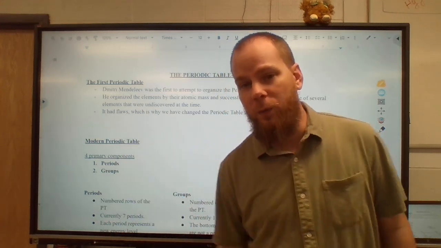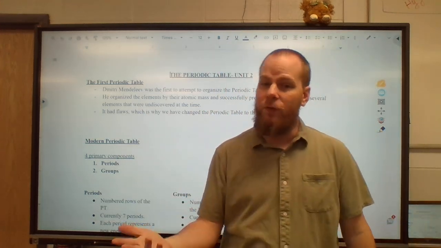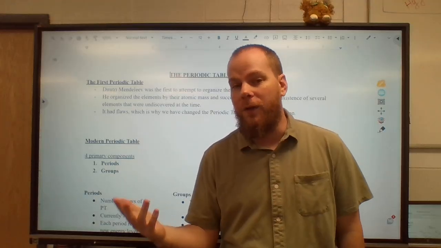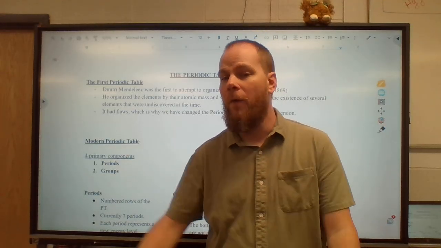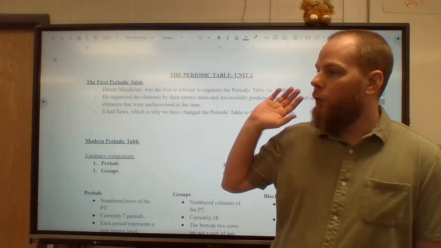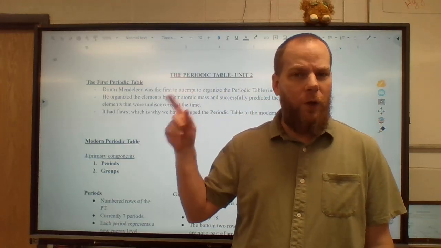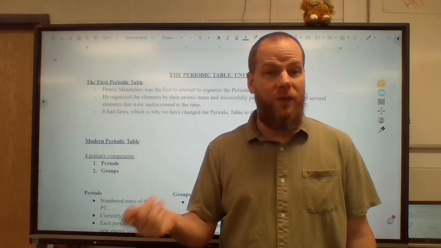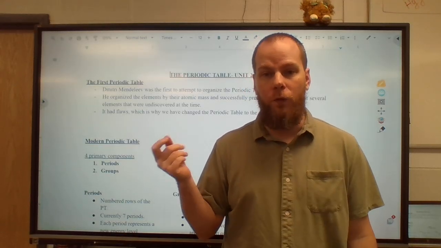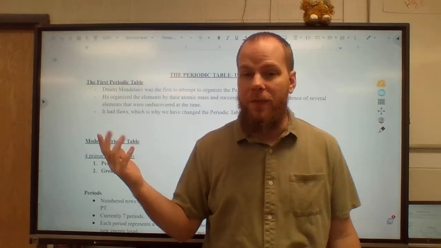Now, since then, we no longer use the atomic mass to organize the periodic table. Nowadays, we use the atomic number instead, which is something we will talk more about later. But he is the first one to go, hey, there's a pattern here. Maybe that's something we can make use of. And we have gone and done that.